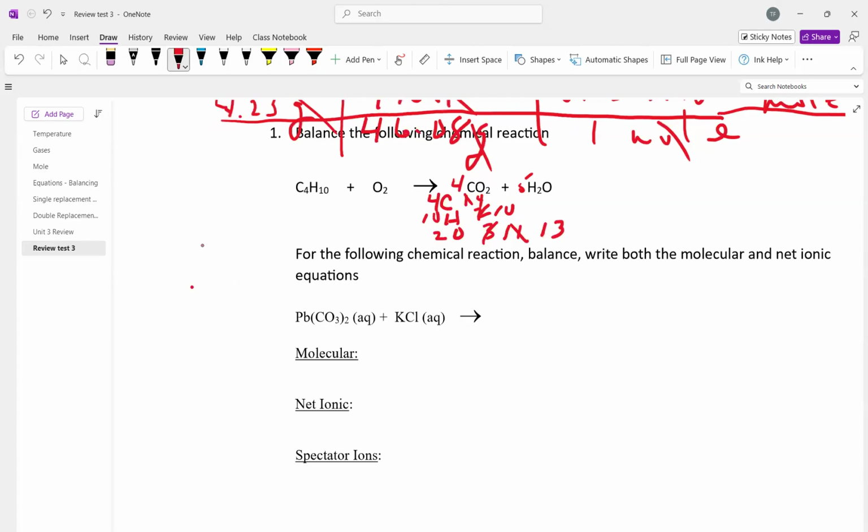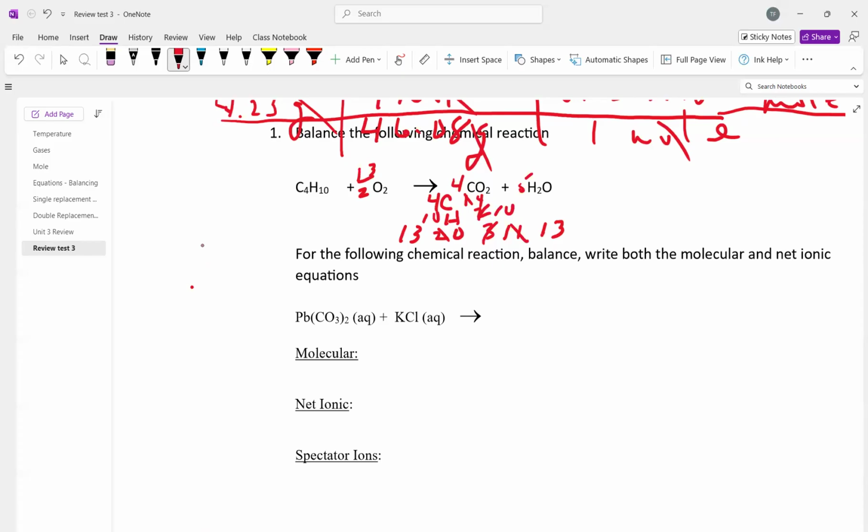And then we have 13 oxygens. So on the left side, convert O2s to 13, so we're going to multiply this by a fraction. Now balanced. But we have a fraction, we cannot leave it that way.